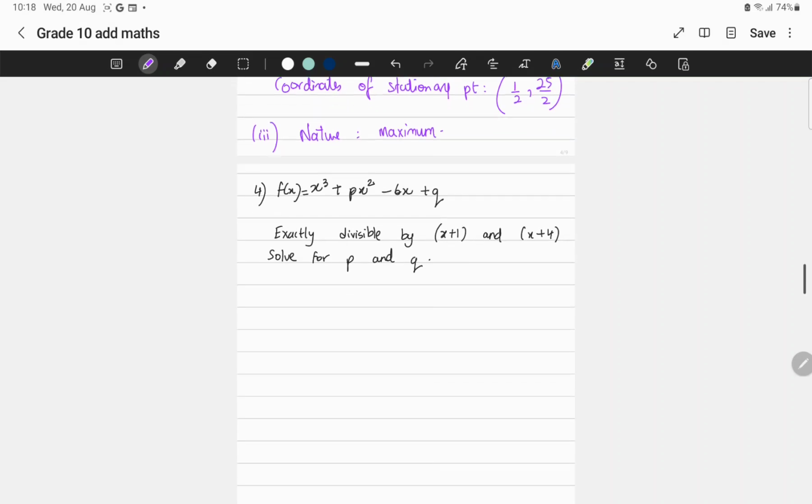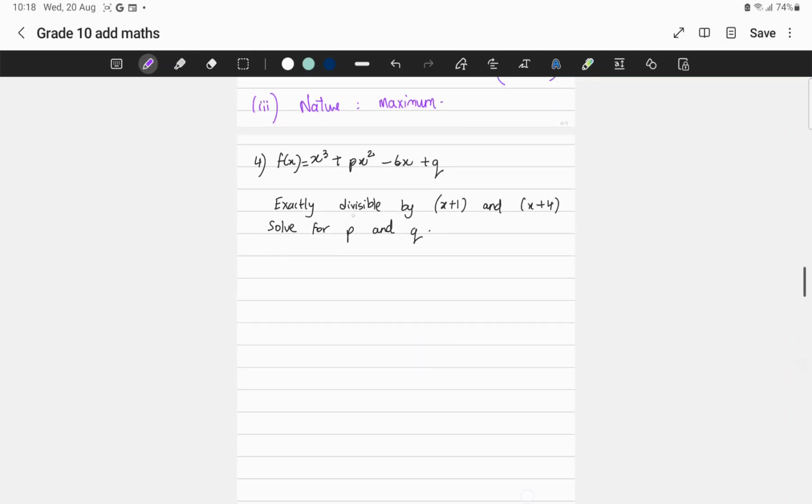The next question is polynomial. On nous a donné un polynomial function. Exactly divisible means that the remainder is 0. On va faire ça. X plus 1 equal to 0, which means that x equal to minus 1. I replace, since it is exactly divisible, it means that f of minus 1 should be equal to 0.